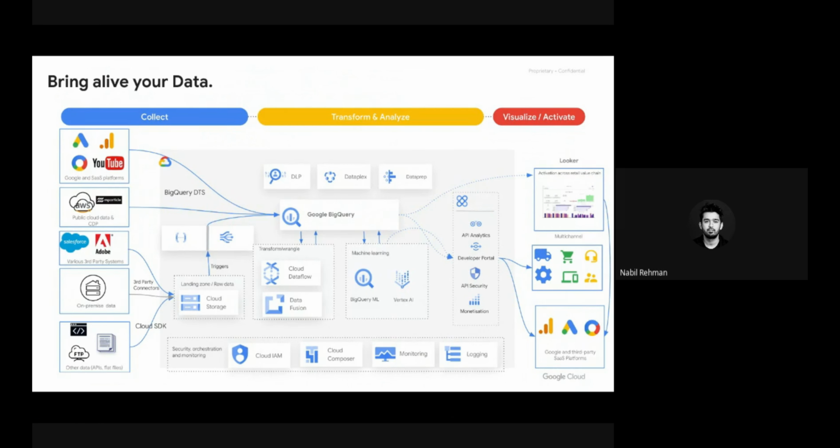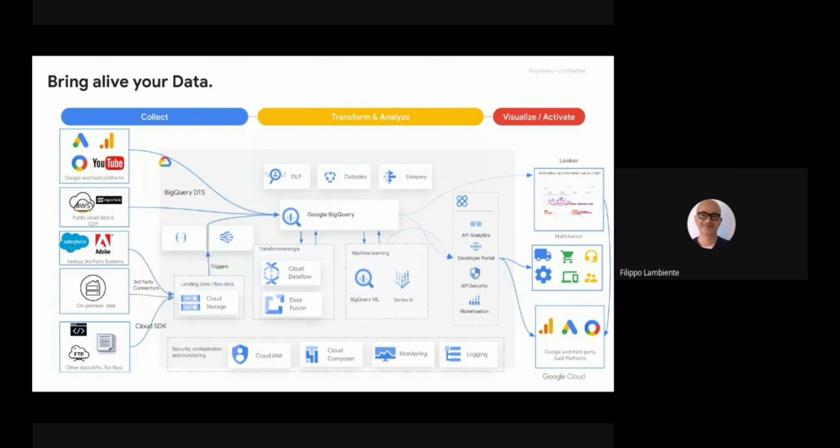Let's say I'm a fintech company and I have some banks as customers, and those banks' end customers use my service. I could have a lot of data as a fintech that could be of value to these banks, which are my customers.